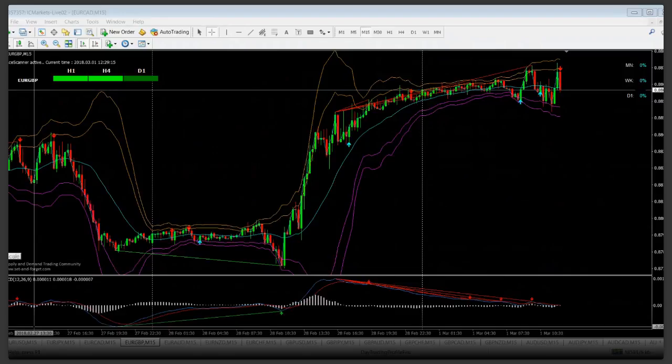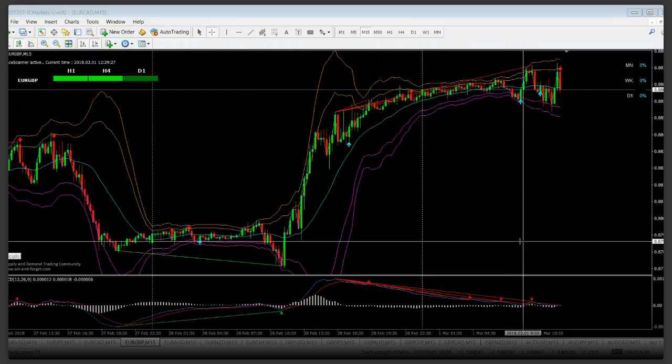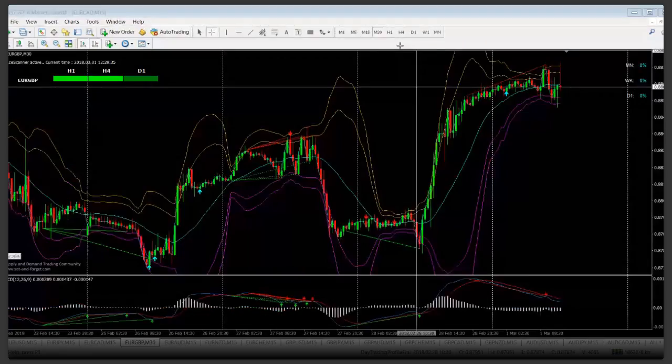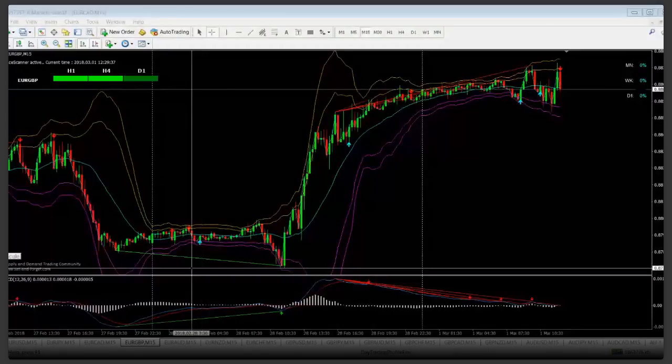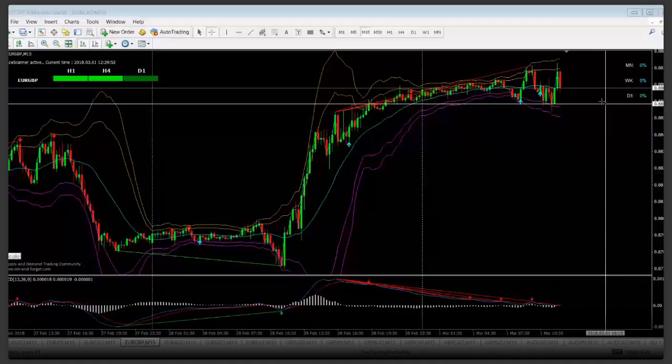Euro, pound. Okay, so the arrow disappeared again. So we didn't get the signal.